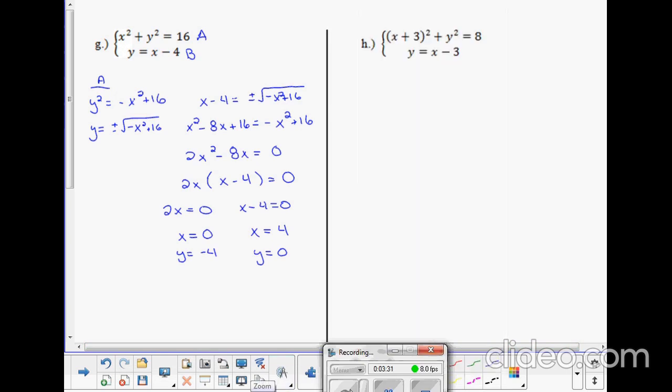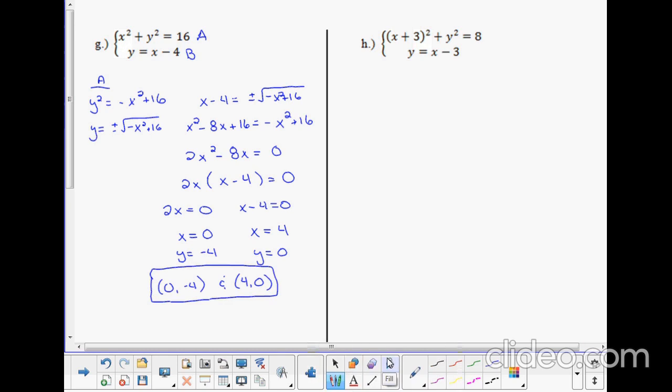So now I have the two solutions, (0, negative 4) and (4, 0). Again, we've gone through how to check those on the graphing calculator, so I'll allow you to check those by typing in the restructured equation for A, where y is by itself, and the equation for B, and viewing the intersections.